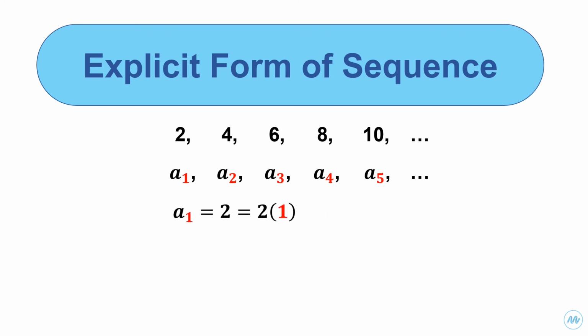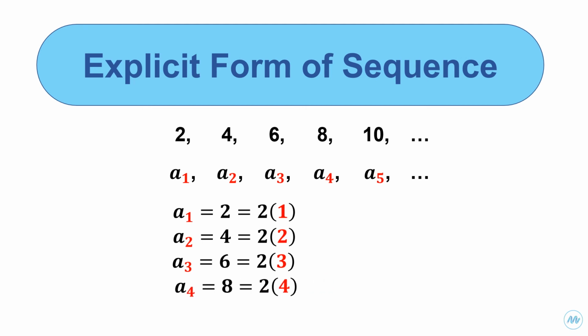The first term 2 can be expressed in terms of its position as 2 times 1. 1 here refers to position 1. The second term 4 can be expressed in terms of its position as 2 times 2. The third term 6 is 2 times 3.